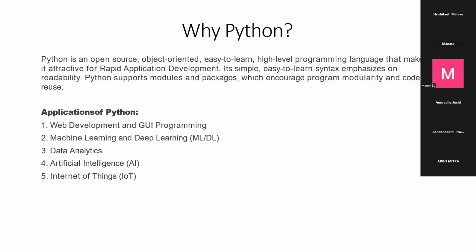High level means it's English-like, where you can type the commands, and when you run it, it can be converted into binary code. The language which is understood by the computer is known as the binary language. The language in which the user types the program is known as the high level language.